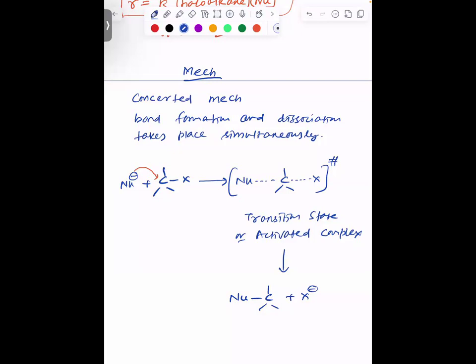Did you understand? On one side, bond formation between nucleophile and carbon happens, and on the outside, dissociation of the bond between carbon and leaving group happens. Both processes, formation and dissociation, happen simultaneously. As the nucleophile makes a stronger bond with the carbon, at the same time the carbon and leaving group bond is dissociating and getting weak. So finally, the nucleophile makes a stable bond and the leaving group is released. So this is the overall mechanism.